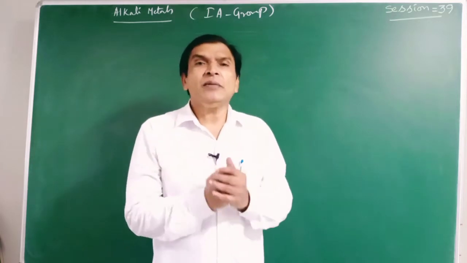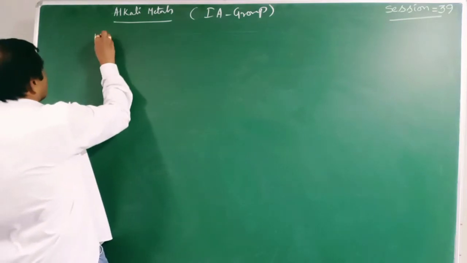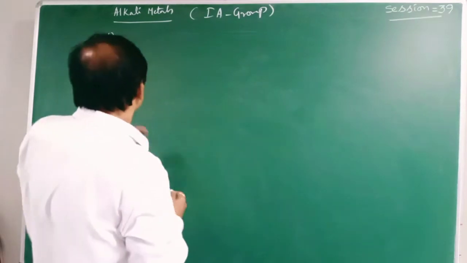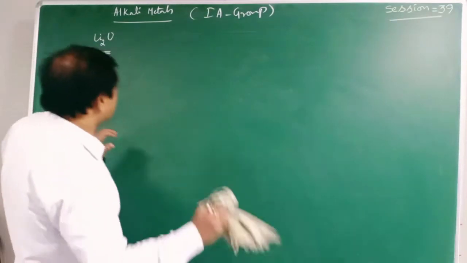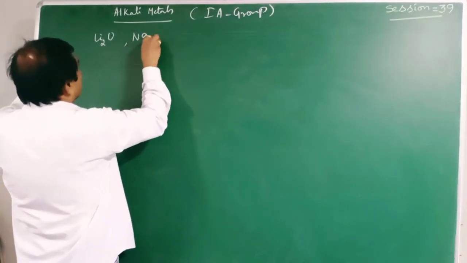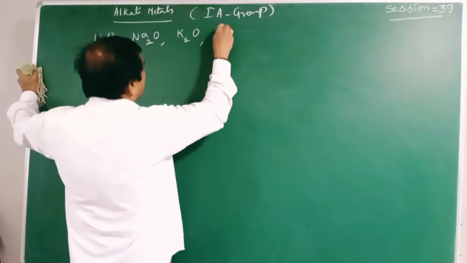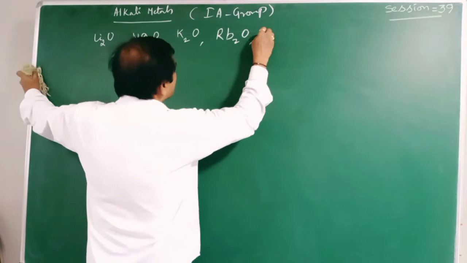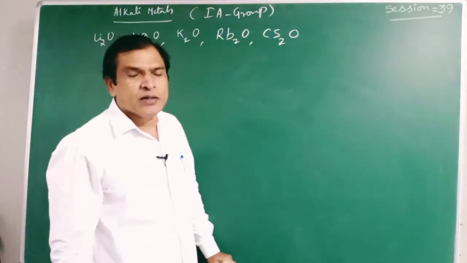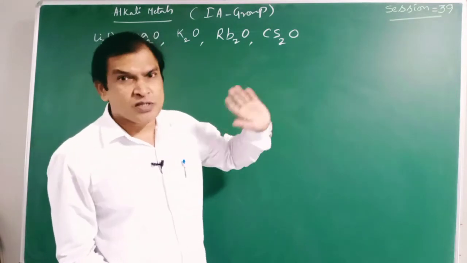Alkali metals form M2O type of monoxides, which we completed in the last session: Li2O, Na2O, K2O, Rb2O, and cesium oxide. So all these are the monoxides.